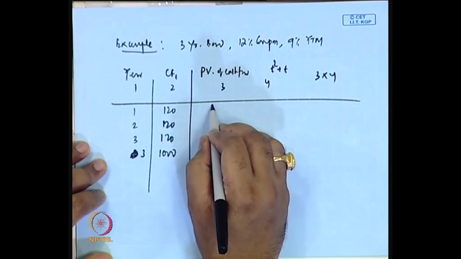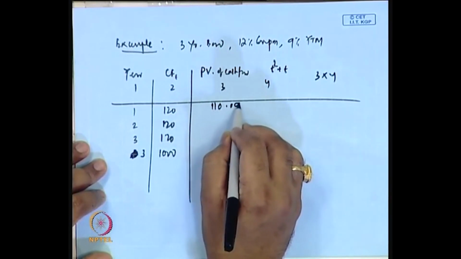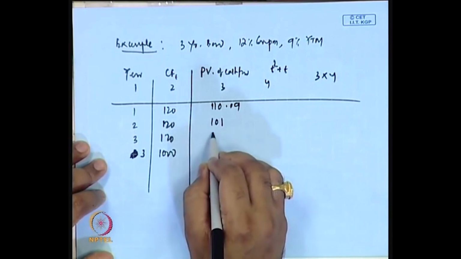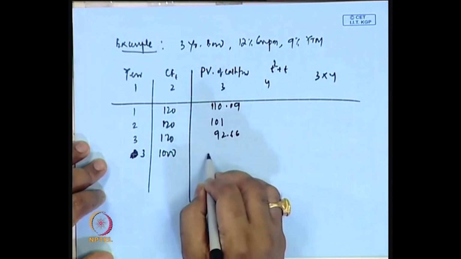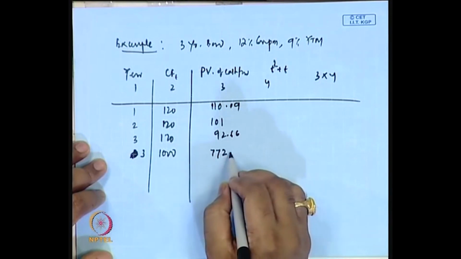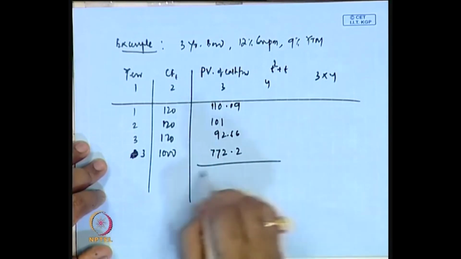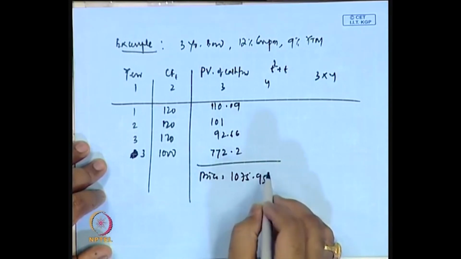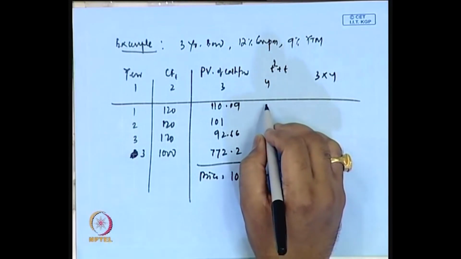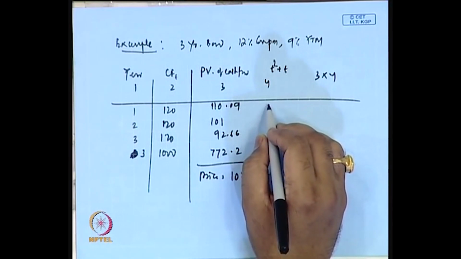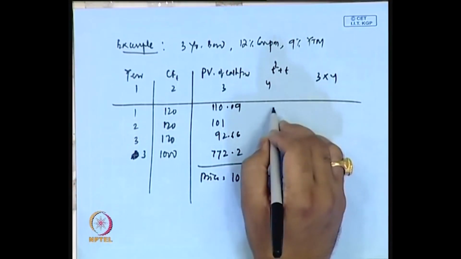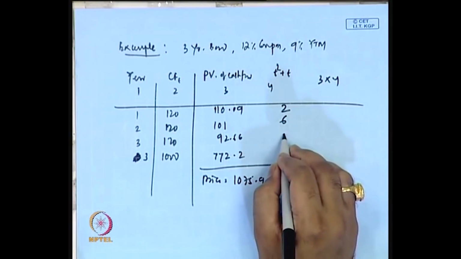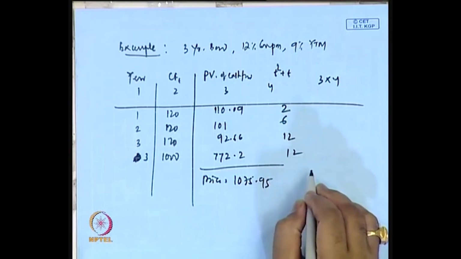Then the present value at the rate of 9% is 101, 92.66, and 772.2. Then your price is 1075.95. Here t is the time: 1 square plus 1 is equal to 2, then 6, then 12.